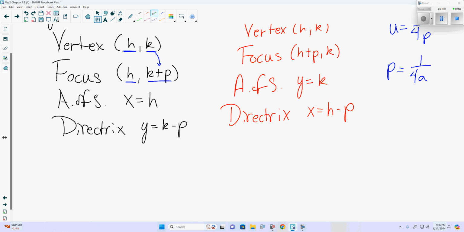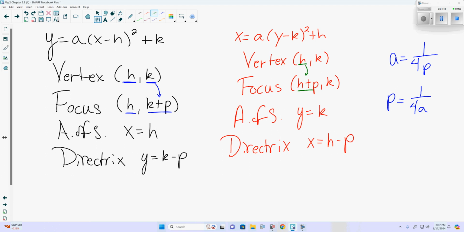Now for our other equation, we're going from h to h plus p. So if that first value changes, the general form of the equation is x equals. So when we're looking at vertex and focus, we're trying to see which one changes, the x or the y, from vertex to focus. And that tells us which one we have.